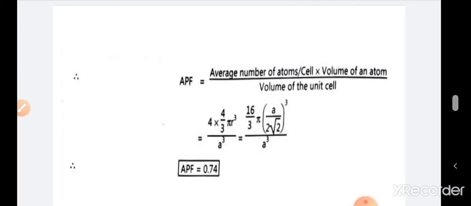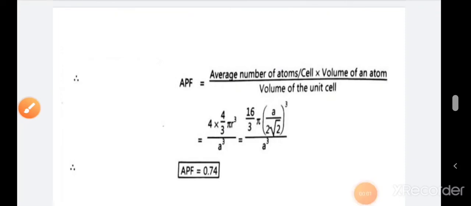In case of the face centered cubic structure, the number of atoms in the unit cell is 4, whereas the atomic packing factor for the FCC structure is 0.74. In the next lecture, we will see the details of the hexagonal close packed structure.